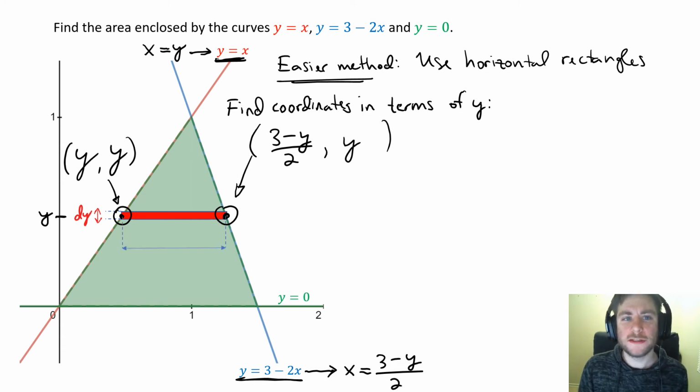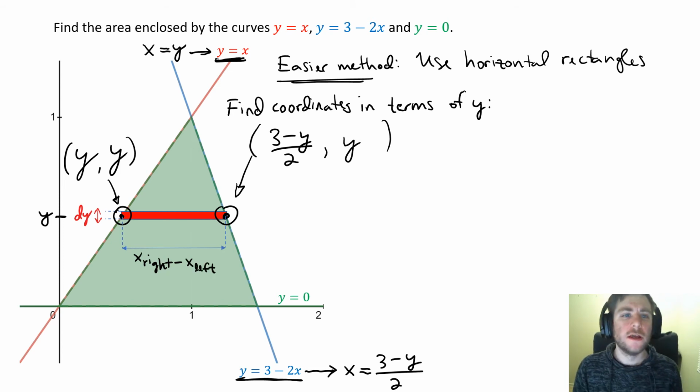Now, all of this is necessary information in order to get the height of our rectangle. The important thing to notice now, though, is that this height is a horizontal distance, so it's going to be a difference of x-coordinates. And we should always go right minus left to ensure that the height is a positive number. So x-coordinate on the right minus x-coordinate on the left.